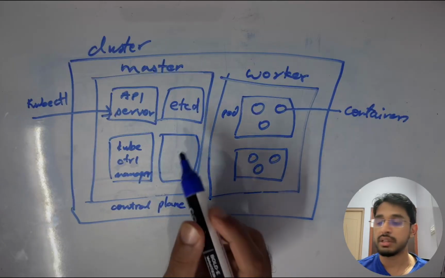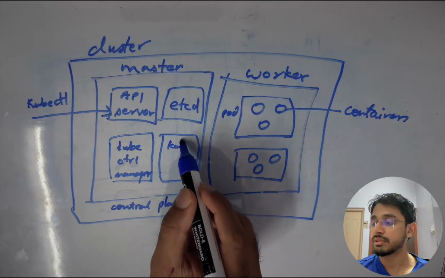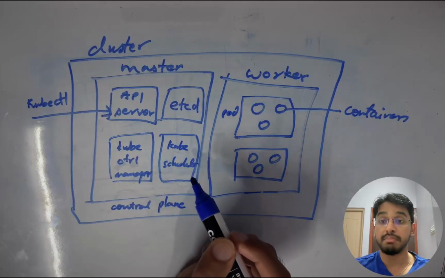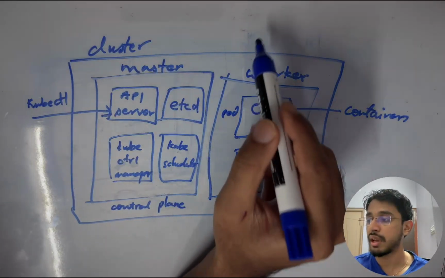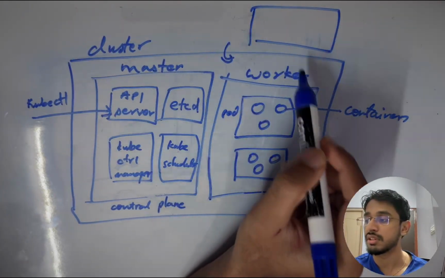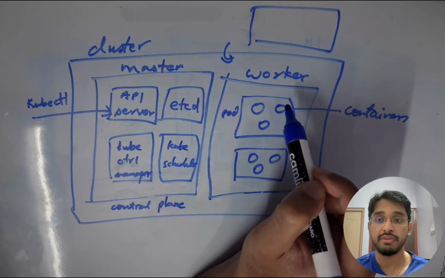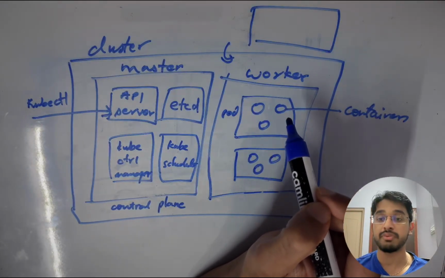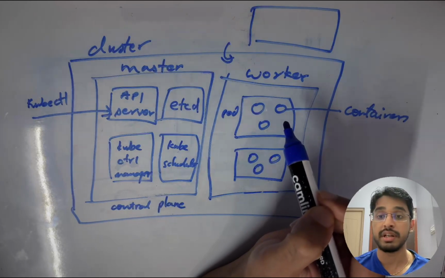And the last component is called the kube scheduler. Suppose we have multiple worker nodes. Let's say I have this node somewhere right here, basically inside this cluster itself. If I have 2 nodes and I want to start 3 pods, it will decide which pod needs to run in which node.